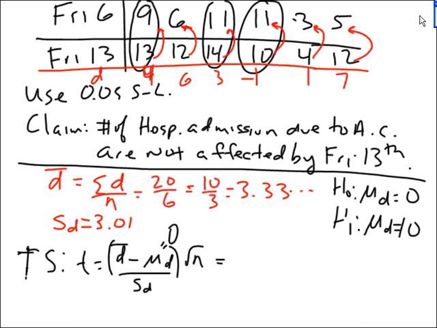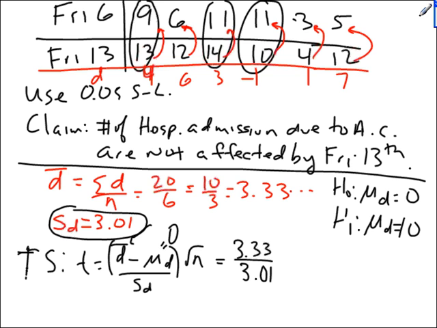All right, so mu sub D is 0. D bar, we just worked it out, is 3.33, divided by the standard deviation, which we calculated from the data earlier in the video.